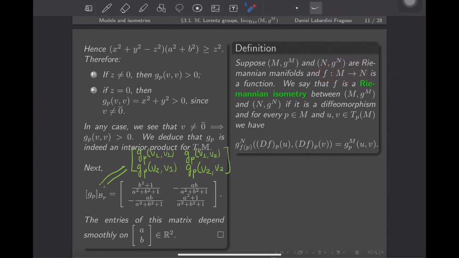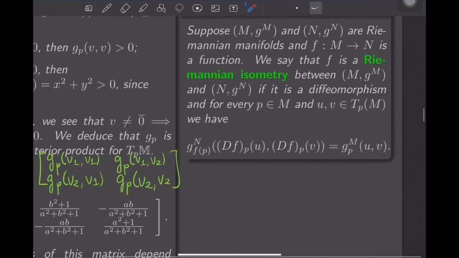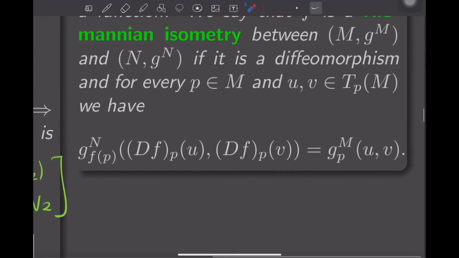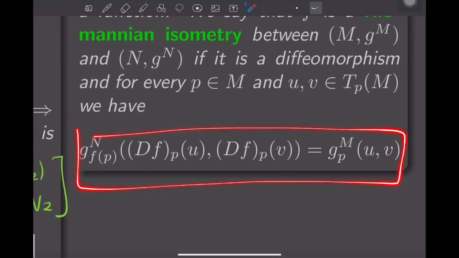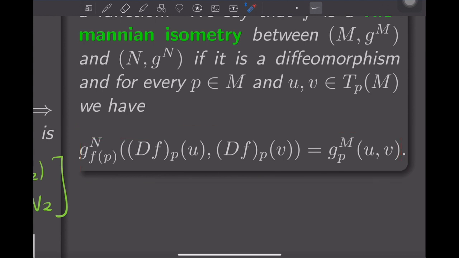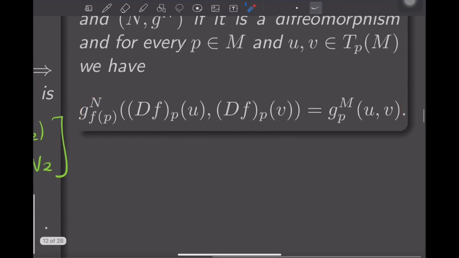I'm going to say that this function is a Riemannian isometry if it is a diffeomorphism, and for every point in the hyperboloid, and every pair of tangent vectors, both tangent at the point, the following happens. And this formula really means something simpler than it may look at first sight.